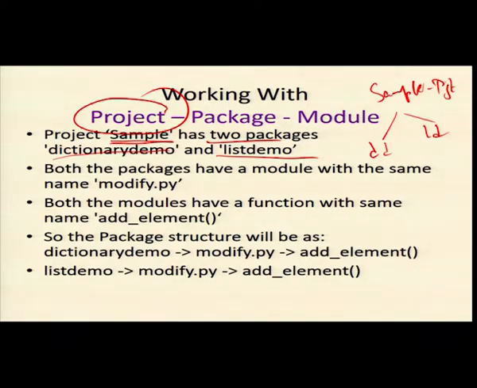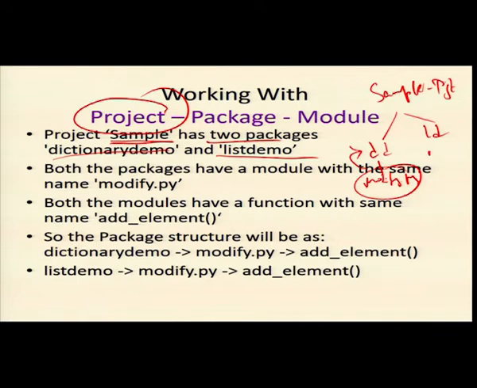Both the packages will have a module with the same name called modify.py. It does not mean it is going to call the same file. This modify.py is available inside the package called dictionary demo.